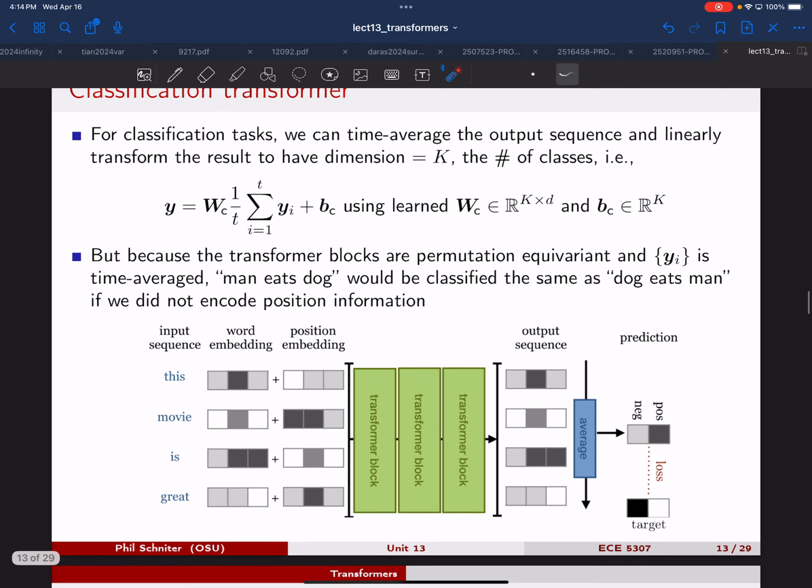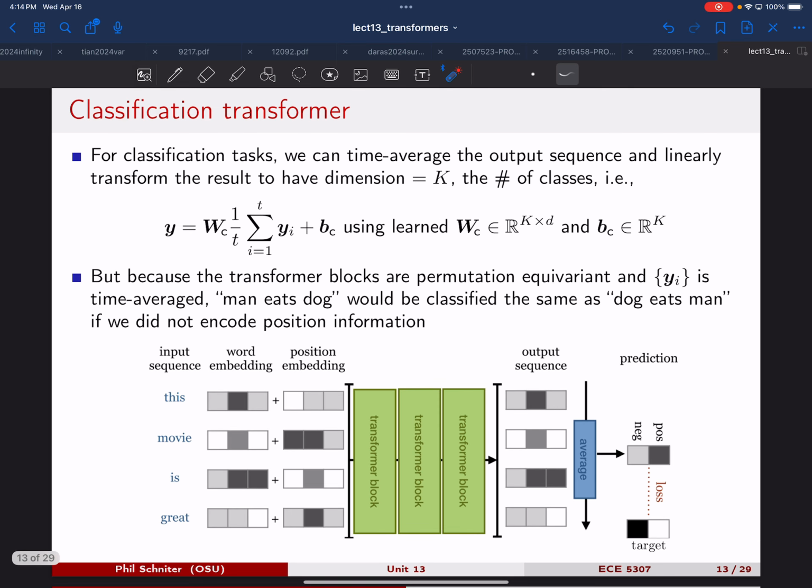But on this slide, we're using this transformer model to do classification. In particular, we have a sentence coming in, like a movie review, and we're trying to predict whether it's a positive or a negative review. One thing we had to do is add positional encoding or embedding that tells the transformer this is the first word in the sentence, this is the second, this is the third, this is the fourth, and so on.